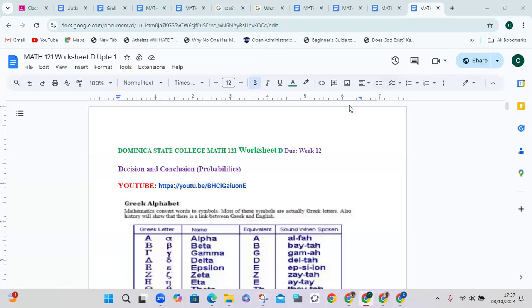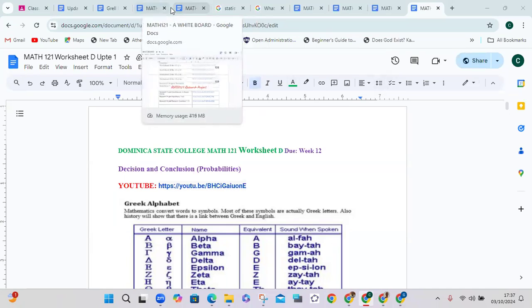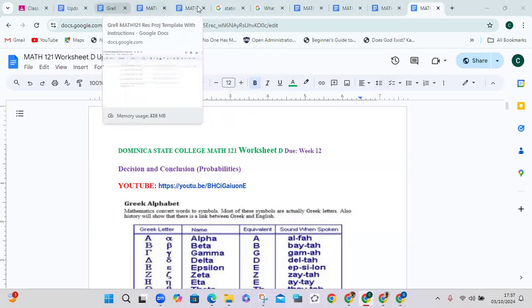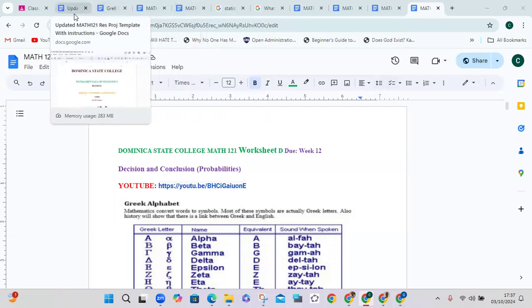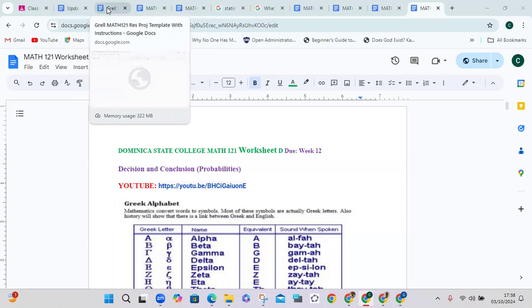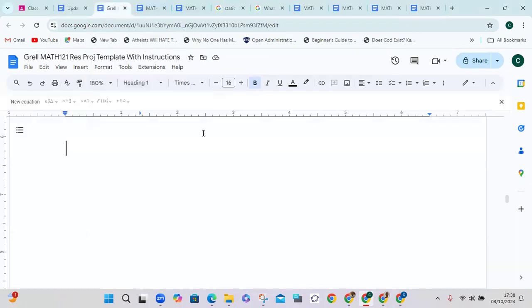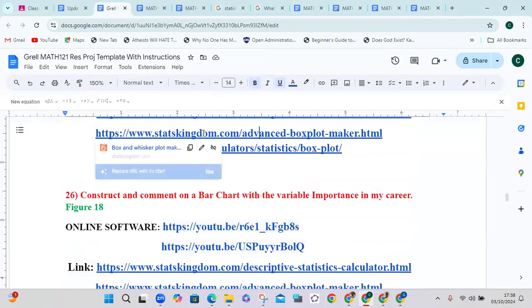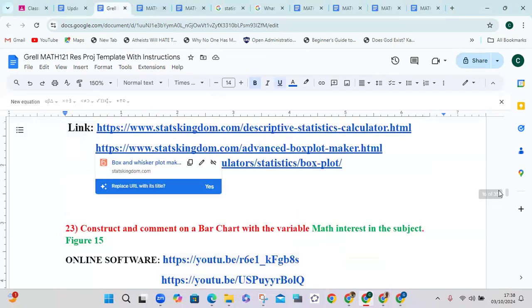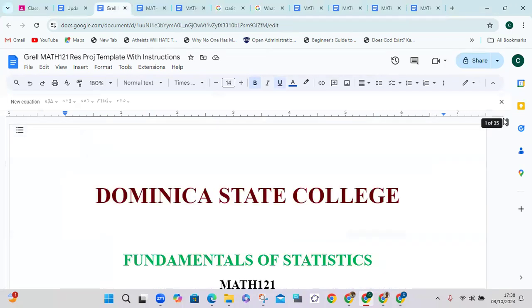So the project is due at the end of the semester. It's a research project that you are going to engage with so that you can learn the fundamentals of how to complete a research project. So it is due at the end of the semester, week 12 or even week 13.